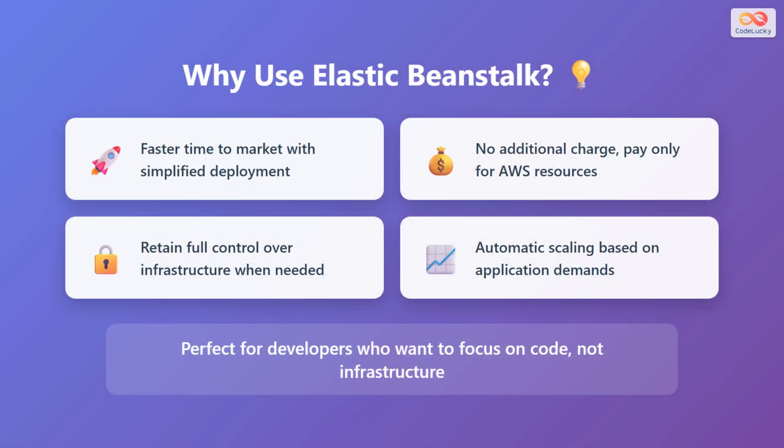Let's wrap up by discussing why you should consider using Elastic Beanstalk for your applications. First, it enables faster time to market with simplified deployment processes, allowing you to launch applications quickly without complex setup. Second, there's no additional charge for using Elastic Beanstalk itself. You only pay for the underlying AWS resources your application actually uses, making it cost-effective.